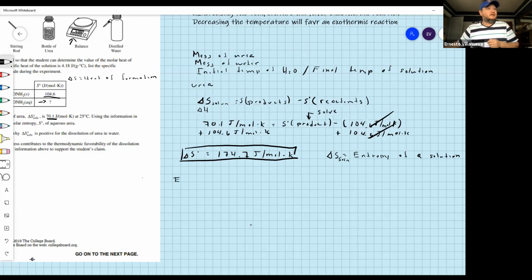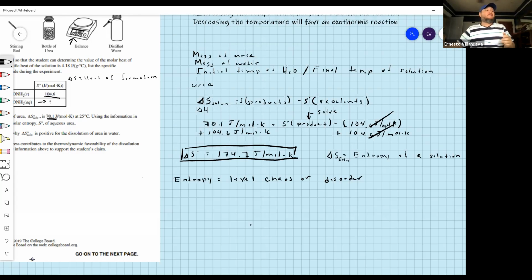Okay. Delta S represents the entropy of a solution. Entropy is the level of chaos or disorder. When you think of entropy, think of something organized going into disarray, right?